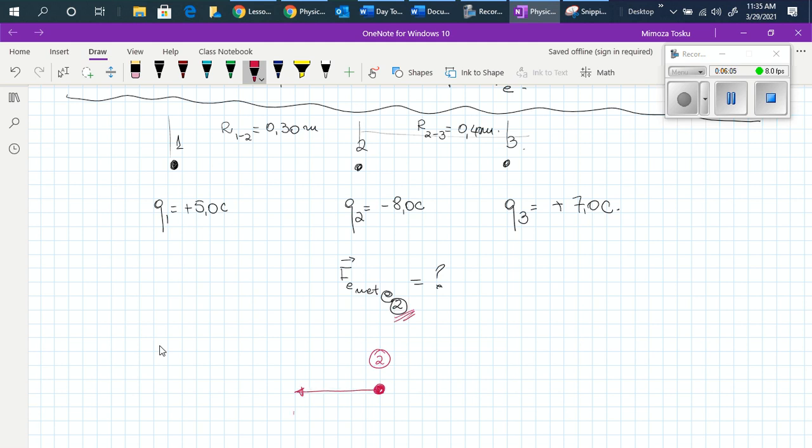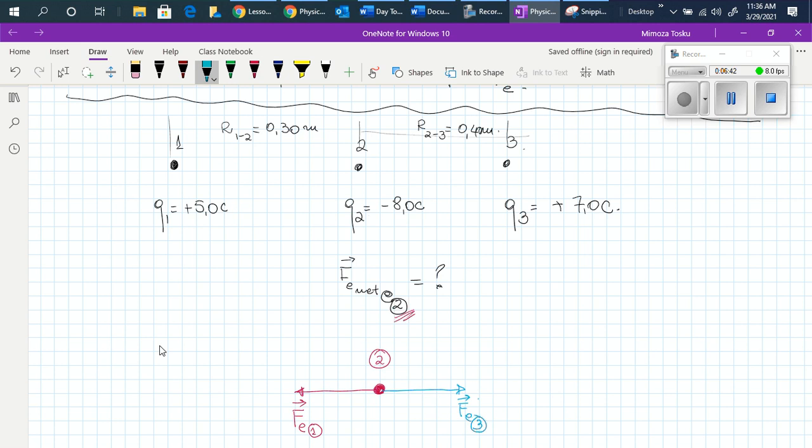This is the electrostatic force that 1 is exerting on 2, supposing that charge 3 doesn't exist. This is superposition. Then the electrostatic force that 3 is exerting on object 2, supposing that 1 does not exist, is again attraction. And this is the electrostatic force of 3.